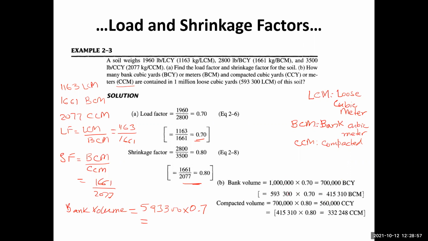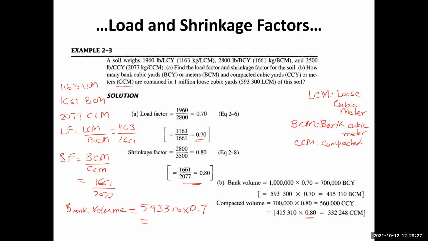Okay. So that means 593,300 cubic meter volume in the loose condition will be equivalent to 415,310 cubic meter. Similarly, in the bank condition, if the volume is 415,310 cubic meter, in the compacted condition this volume will be 333,248 cubic meter.